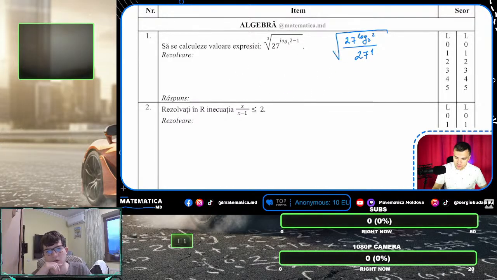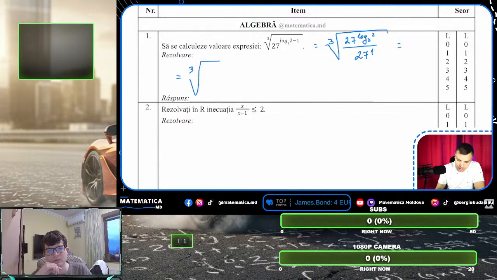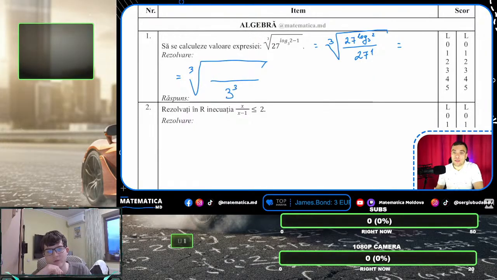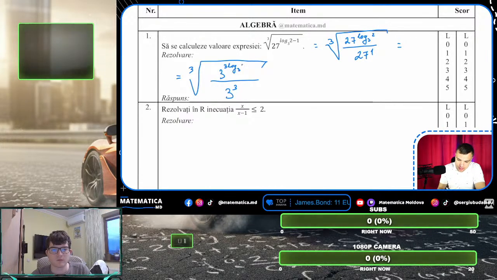Okay, alright. 2 minus 1 reverse, so put it like this. 3 to the power 3, 3 to the power 3. So on. Alright, so 3 goes there.